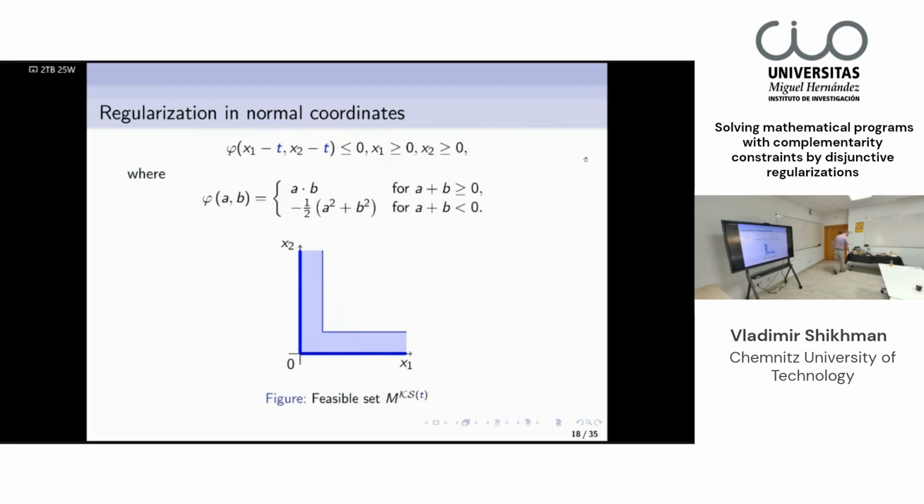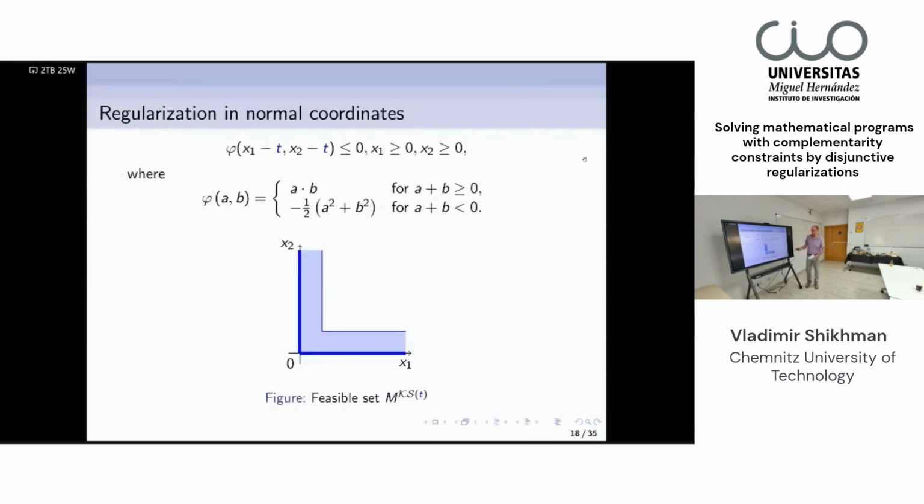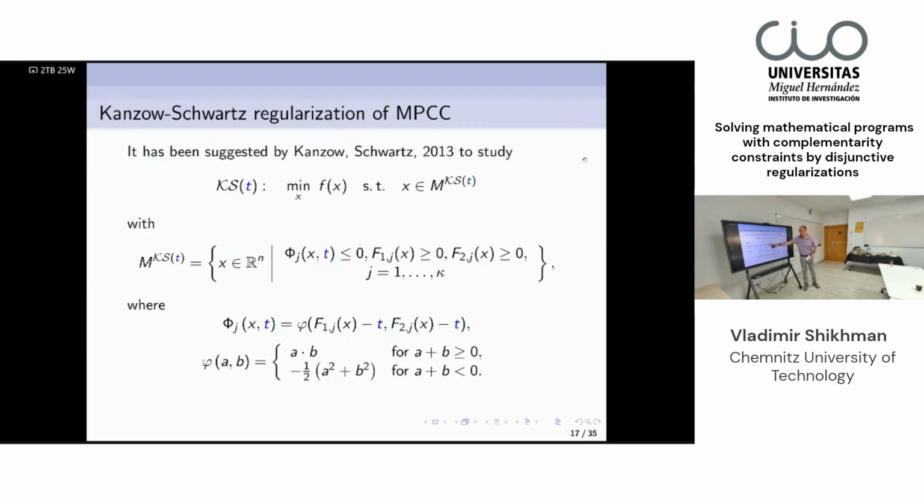And what is the problem? They develop a theory of this. They view it as an NLP, they study it as an NLP, in normal coordinates. What is the problem about this? If you look at this as an NLP, you have an additional inequality constraint, so you need to check LICQ, the standard LICQ for nonlinear programming, just to move to the theory.